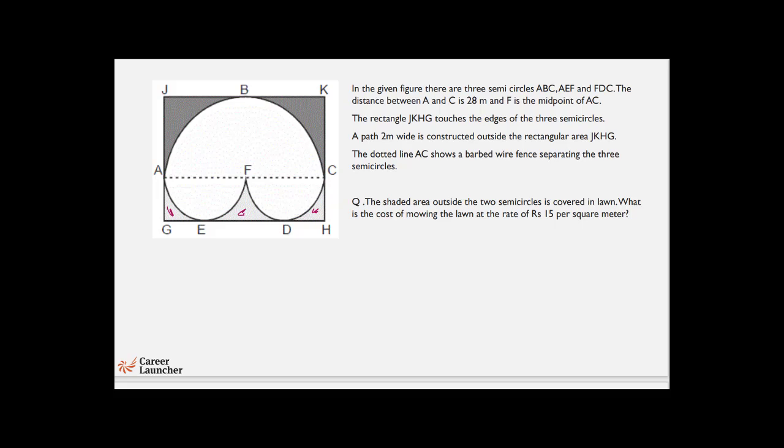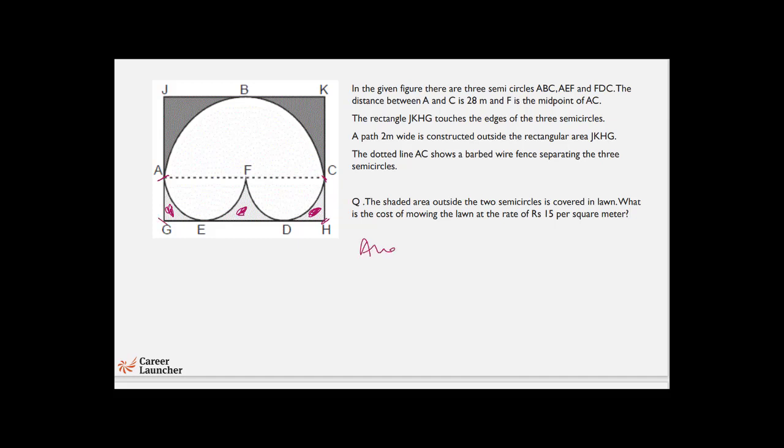So again, if we want to find out the area of this lighter gray region, we will have to subtract the area of two semicircles from the area of rectangle ACHG.